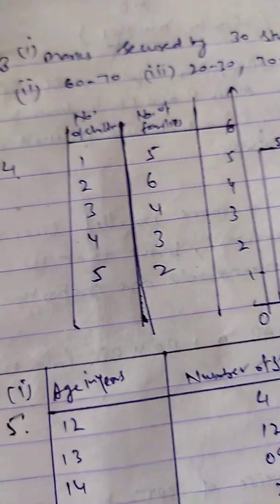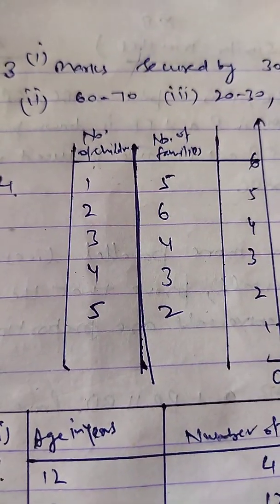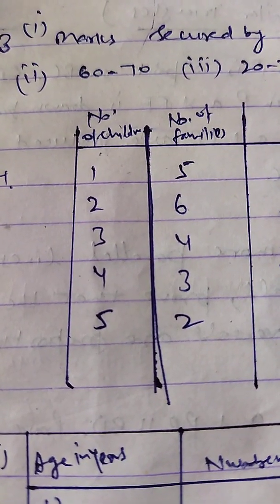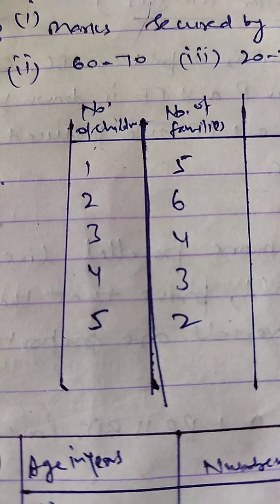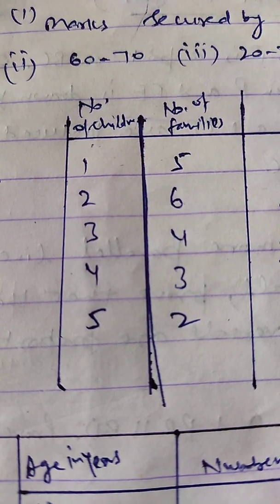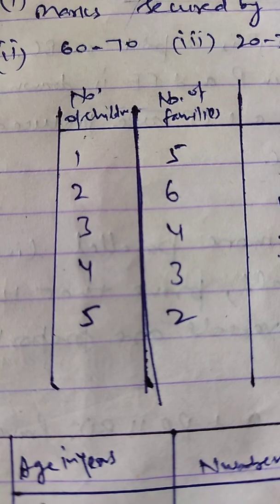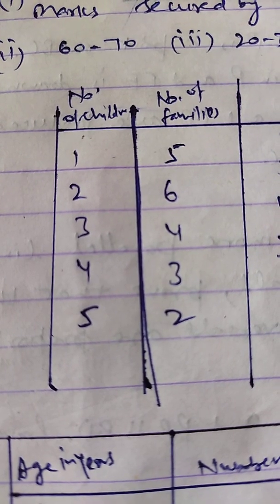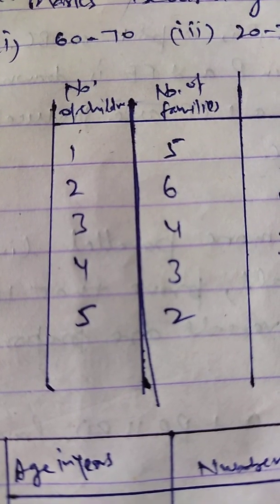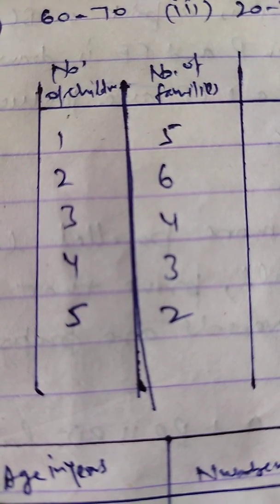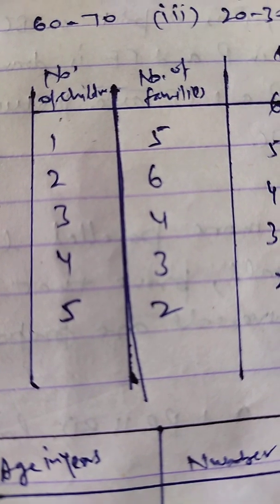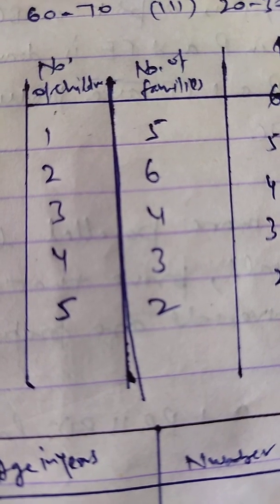Then come to question number 4. In question number 4, you are given the data of children in 20 families. The maximum is up to 5: 1, 2, 3, 4 and 5.